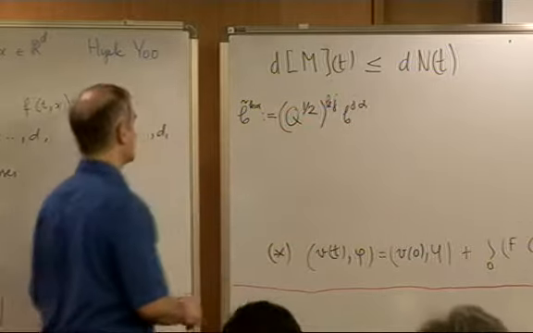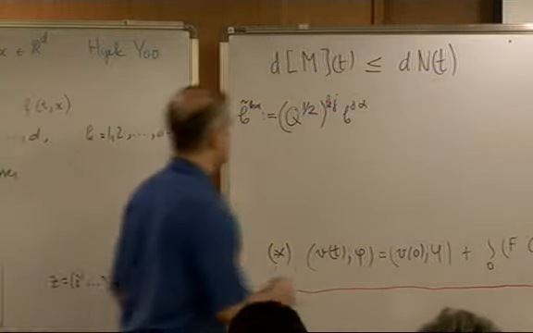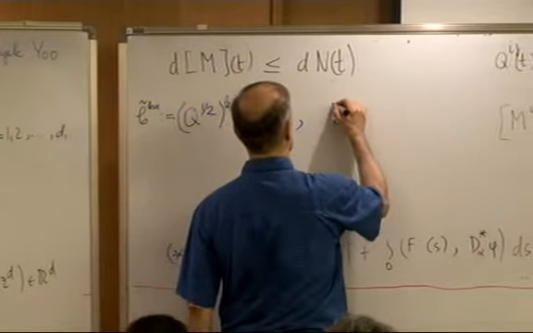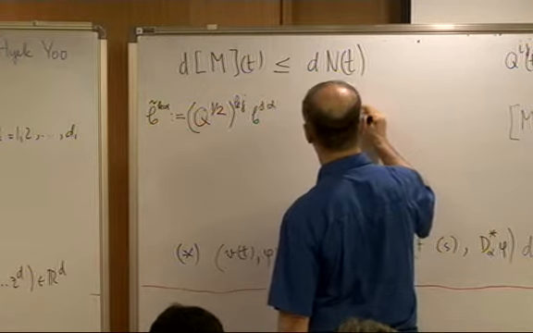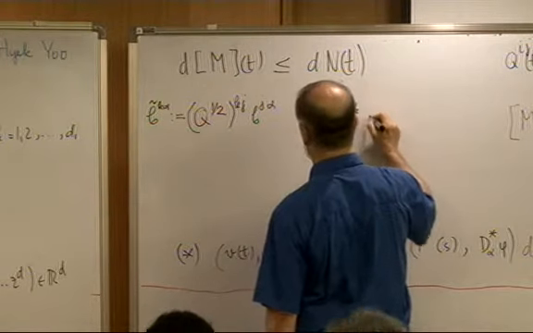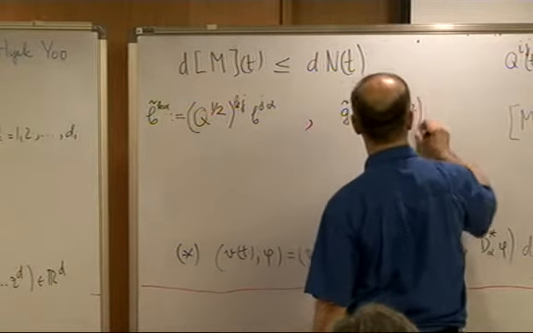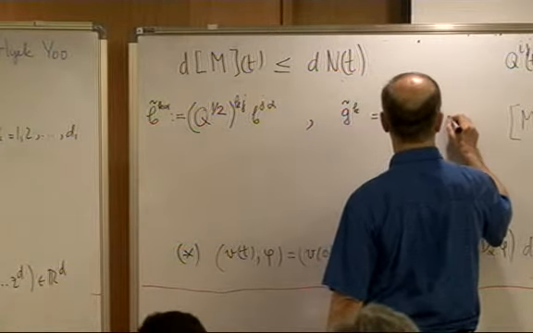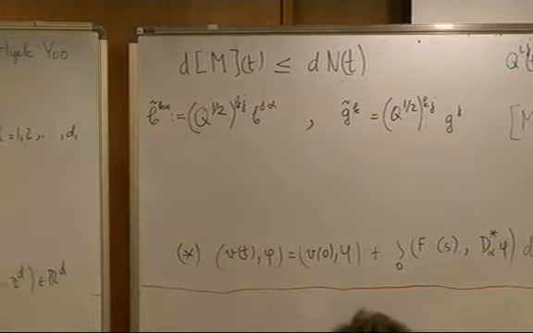So this is the new b, and similarly is the k with the g. Everything remains the same in the formulation.